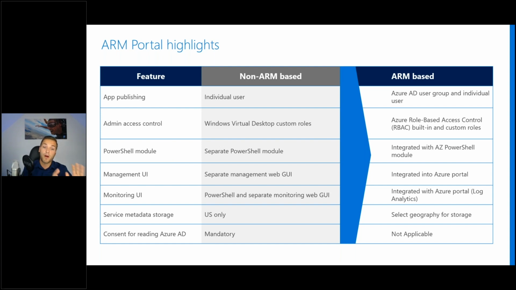So, how you migrate from on-prem to the ARM-based model of Windows Virtual Desktop. We integrate completely with the new model with Log Analytics, so it's easy to export logs to your Log Analytics workspace and create custom dashboards. We make it possible to change the metadata location. Once we go GA with the ARM-based model this quarter, we will add West Europe to the offering.